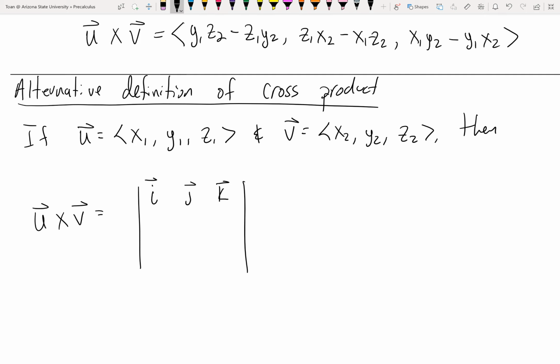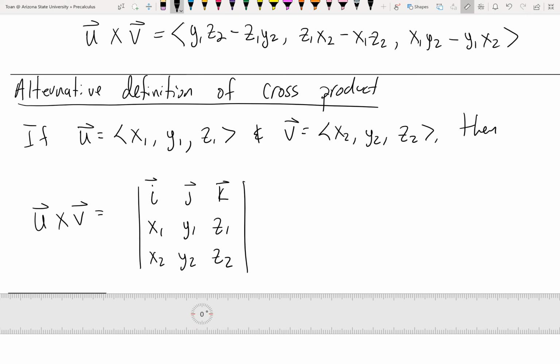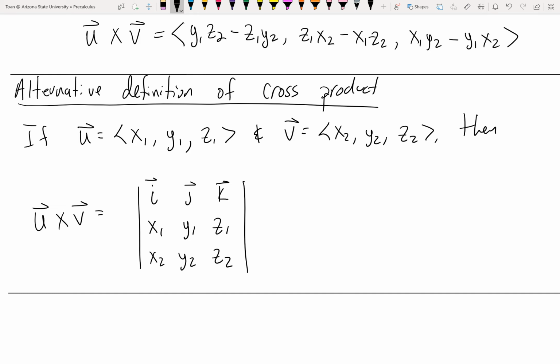Now the other two rows are just your two vectors. So it's easy peasy. And really, the order doesn't matter. We'll obviously go in order. The sub 1s will go first and the sub 2s will go second, but it really doesn't matter. X sub 1, y sub 1, z sub 1, x sub 2, y sub 2, z sub 2. That's it. So that is the alternative definition of the cross product, and either way will give you the correct vector.